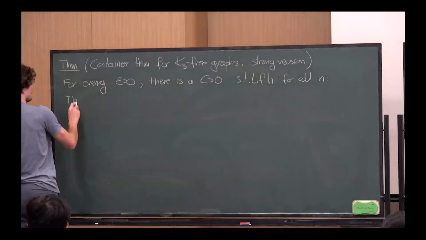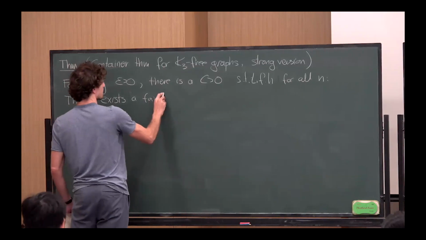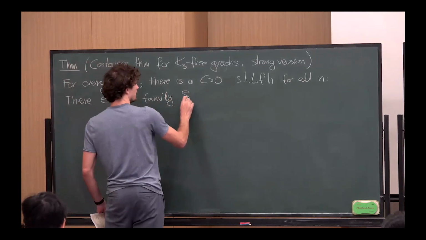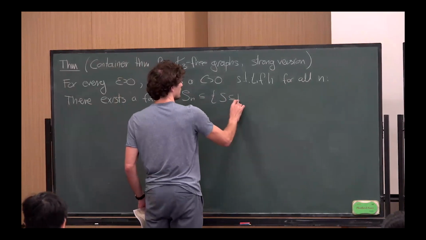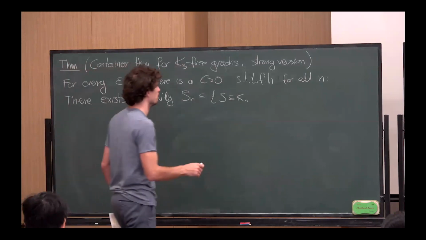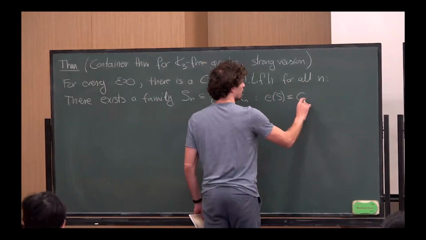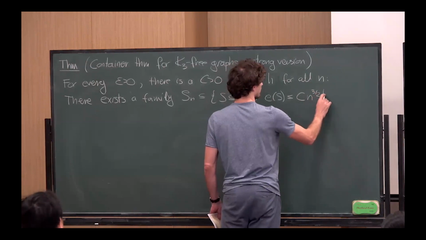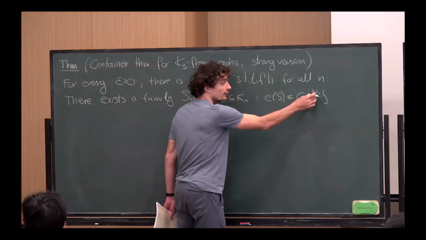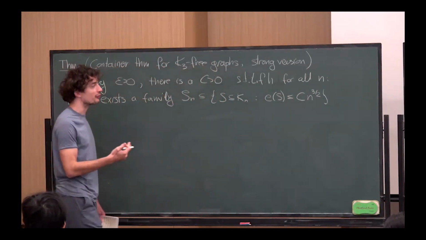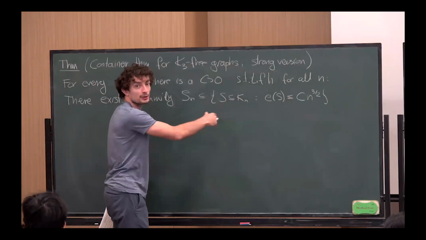We claim that there is a family, let me denote it by script S_n, which consists of subgraphs of the complete graph whose number of edges is at most a constant times n^(3/2). So in particular, the number of such graphs is at most n choose 2 choose roughly Cn^(3/2). So the number of them is exponential in Cn^(3/2) log n. And therefore, if I label all the containers with these subgraphs, we'll get the same bound as we got before.